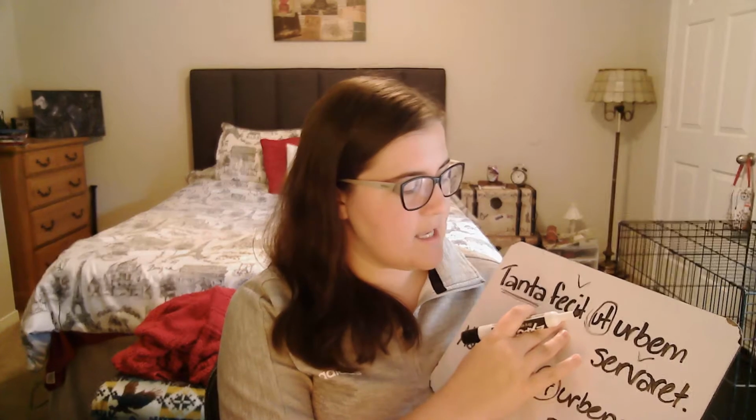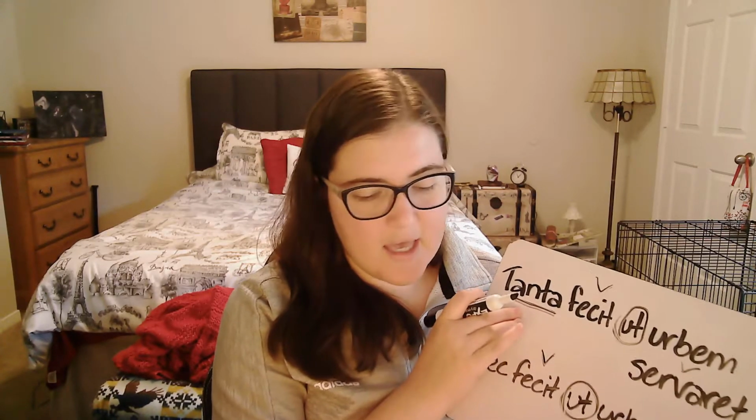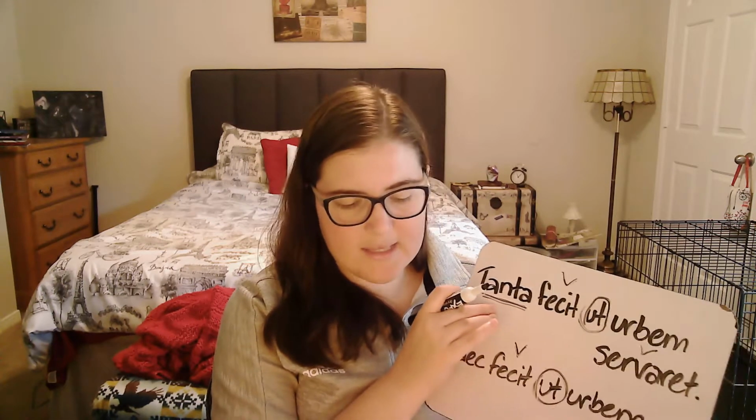So here, we're going to start by translating tanta fecit. Tanta is actually not our subject here, it's our direct object. So we have fecit, he did, from facio, he did tanta, such great things, or so great things, remember that?